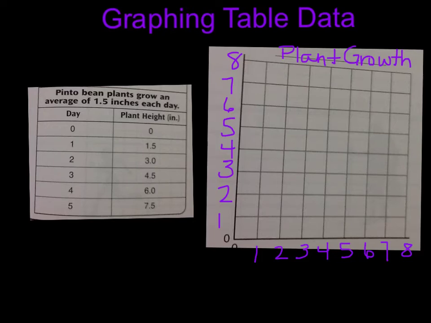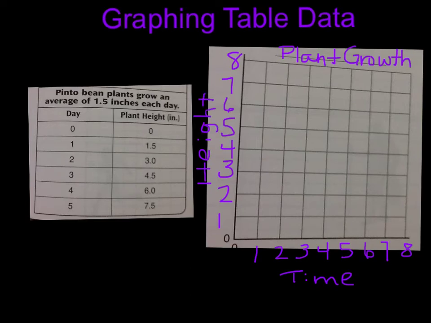Finally, I need to add titles to both my x and my y-axis. Along the bottom, my numbers represent time, so I am going to label that with the word time. On the y-axis, my numbers represent height, so I am going to label that with the word height.